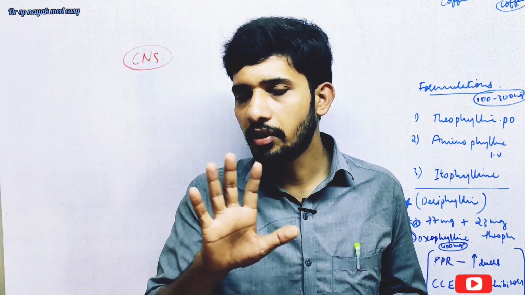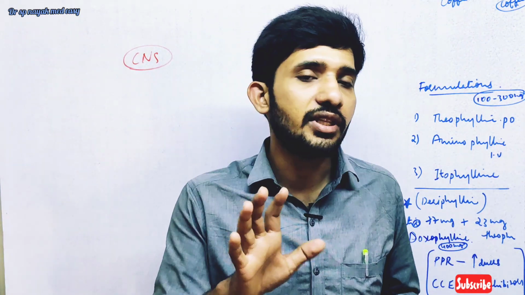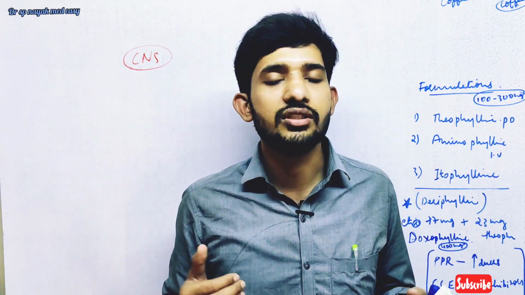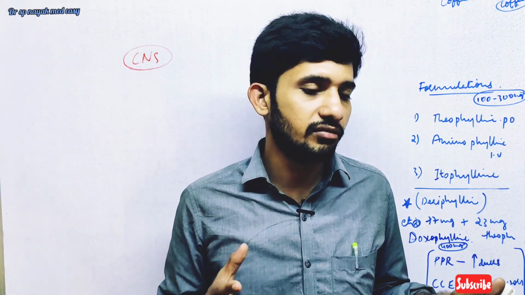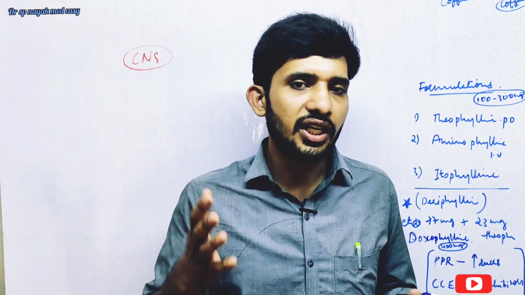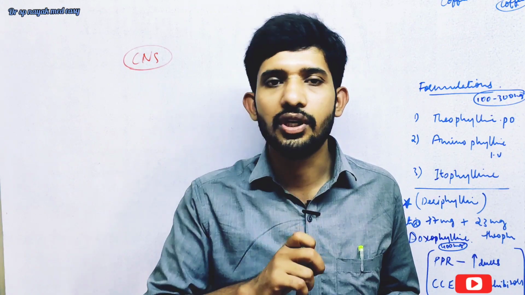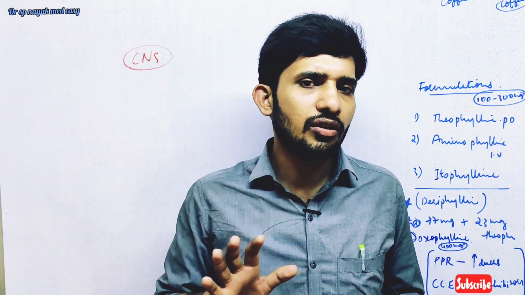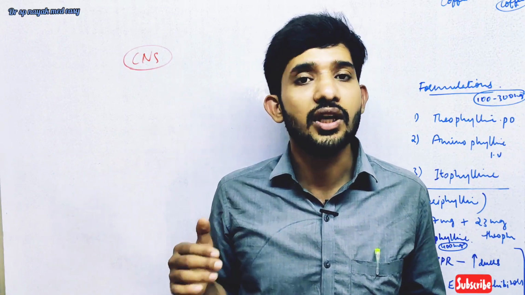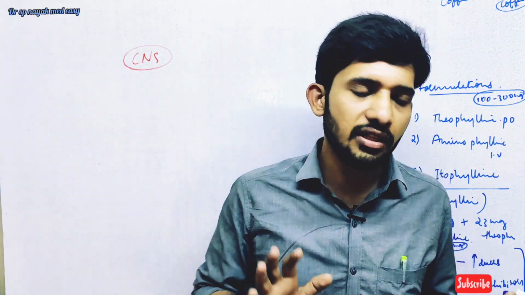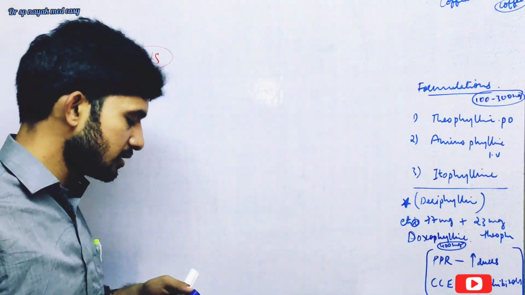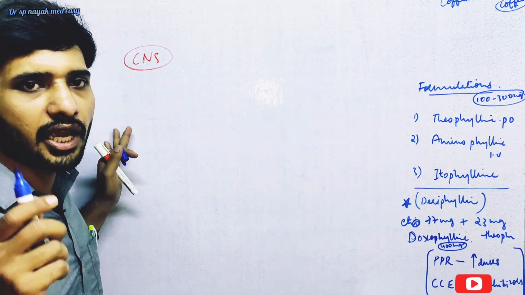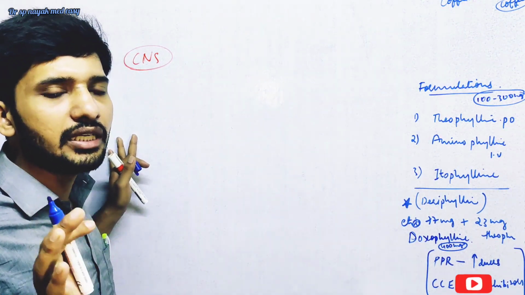Remember one important point: when high doses of methylxanthines are taken, they cause severe anxiety, insomnia, and some other CNS related disorders. So this is very important. Low doses are very much effective when compared with high doses. High doses will have severe, lethal adverse effects of methylxanthines. So on the CNS they have CNS stimulant activity.